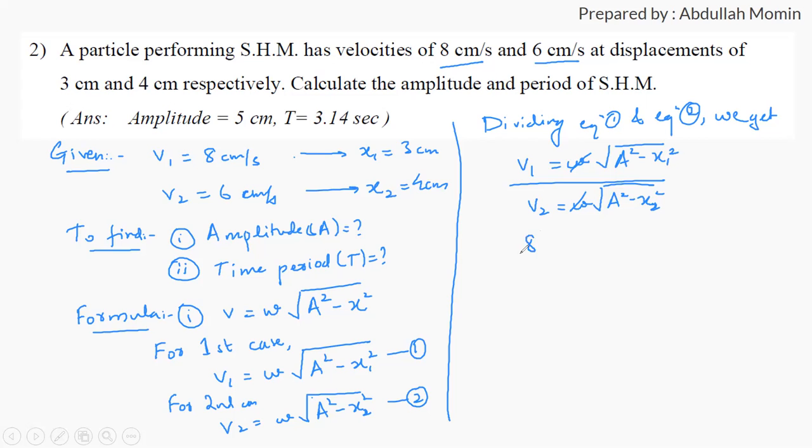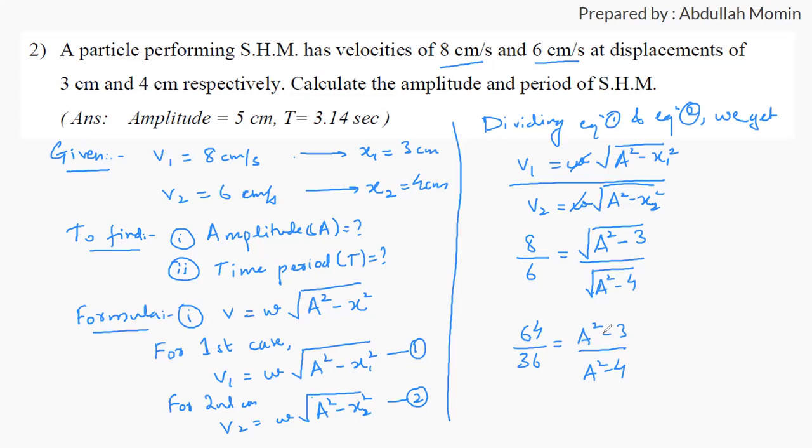Value of V1 is 8, value of V2 is 6, and the value of X1 is 3 and the value of X2 is 4. So squaring on both sides, 64 by 36 is equal to A square minus 9 upon A square minus 16. We can cancel this by 4: 4 16s, 4 9s.